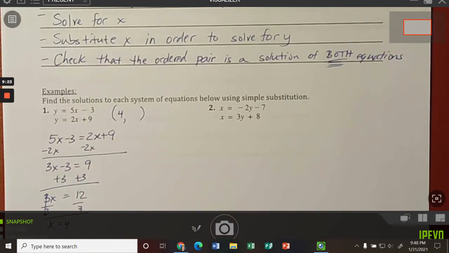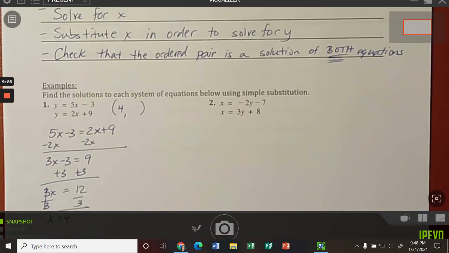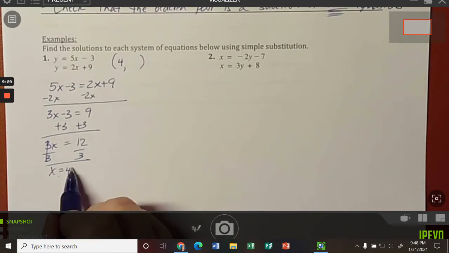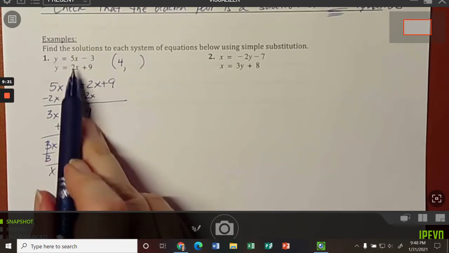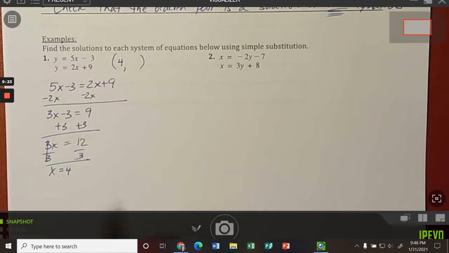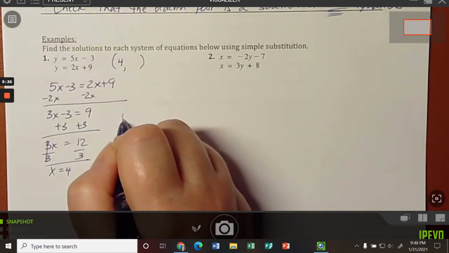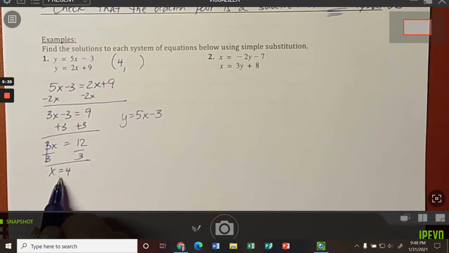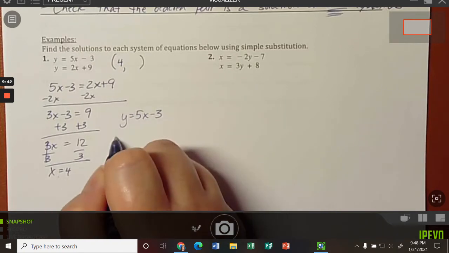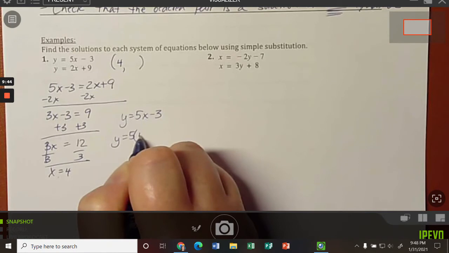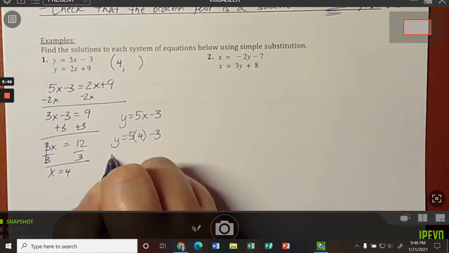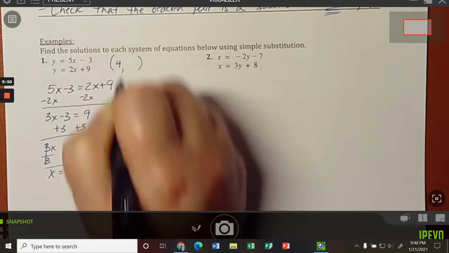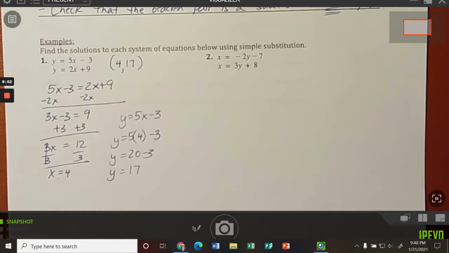Okay, and then once we know that x equals 4, we can go ahead and substitute that into either one of the equations and solve for y. So I'll just use the top equation. It was y equals 5x minus 3. I'll substitute in x with 4. So y equals 5 times 4 minus 3. So y equals 17.